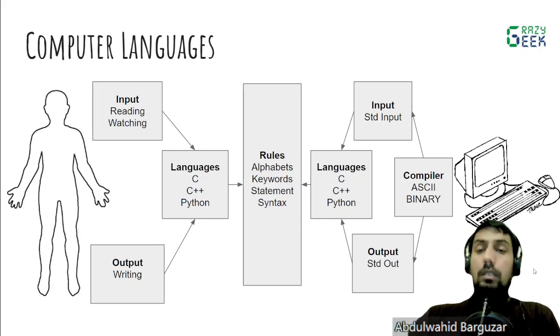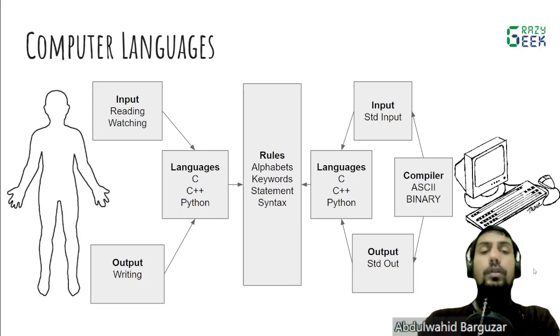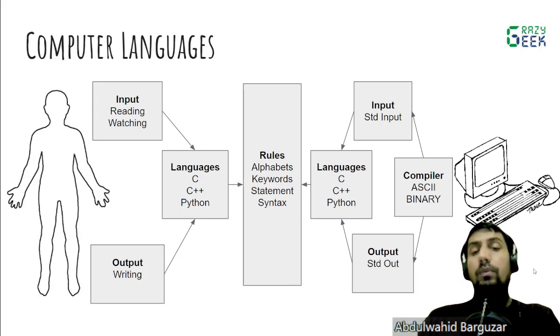So this is how we define a way of communicating with the computer, and we solve problems by writing in the high level language, giving a task to the computer to solve the problems, right?